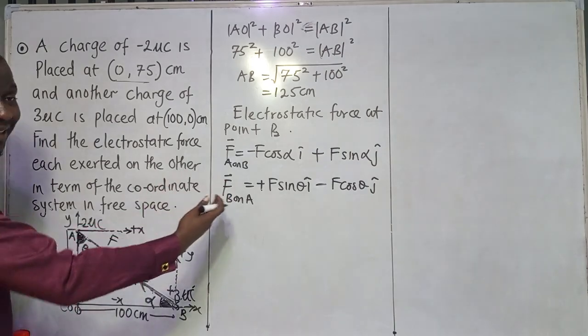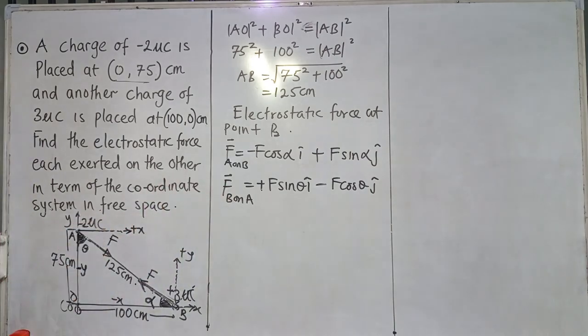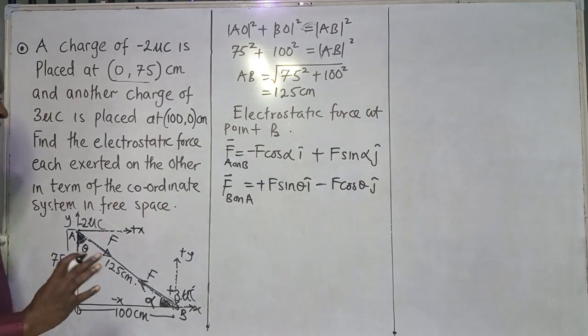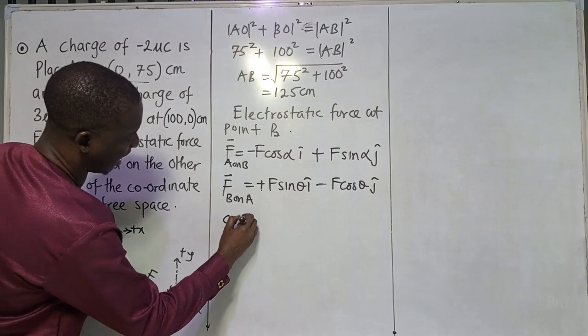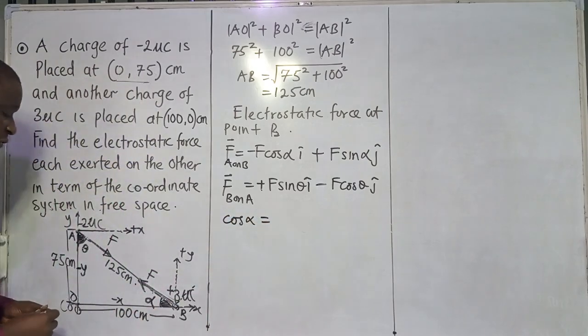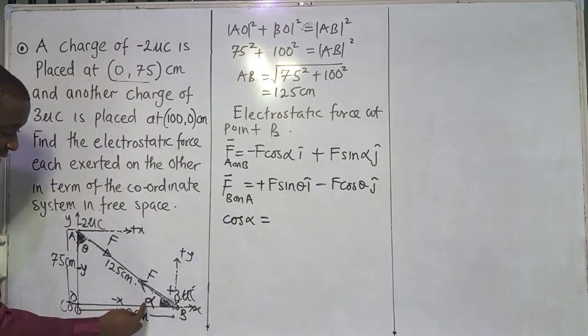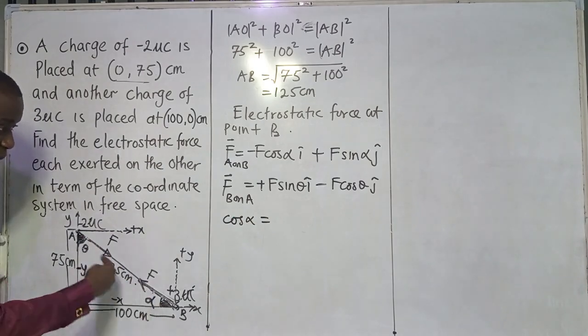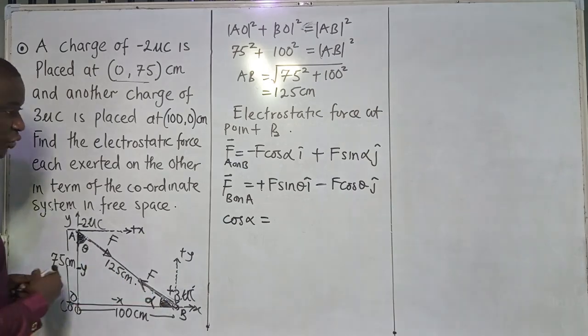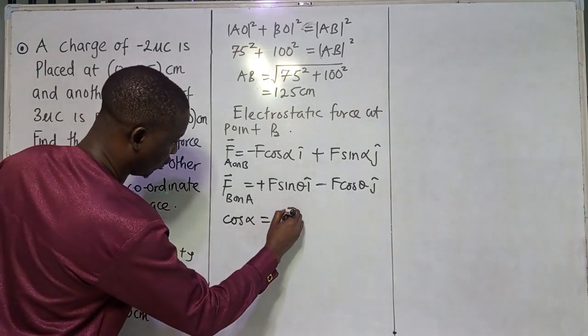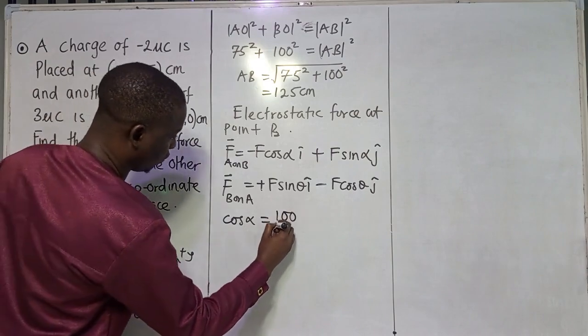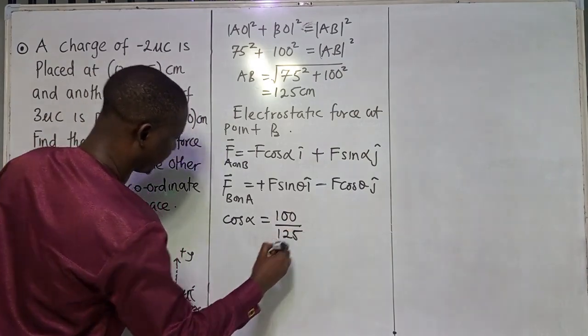But how do we get this one? Very easy. Cos alpha. What is cos alpha? Adjacent over hypotenuse. So that means 100 over 125.